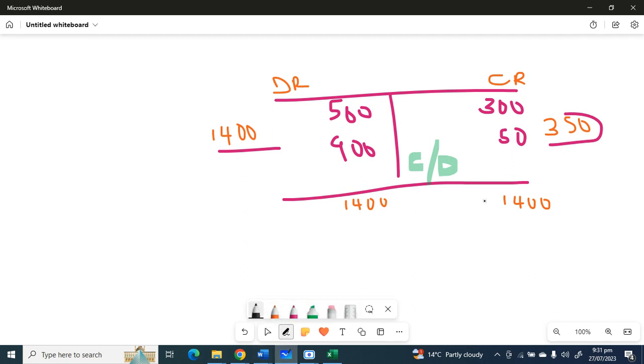So you're going to put balance carried down 1,050. This is at the end of the month. At the end of the month or year, that's where you put the balance carried down. And at the beginning of the next year or the next month, the balance brought down comes on the opposite side. See, balance brought down 1,050.